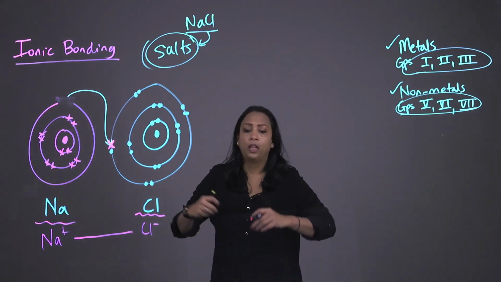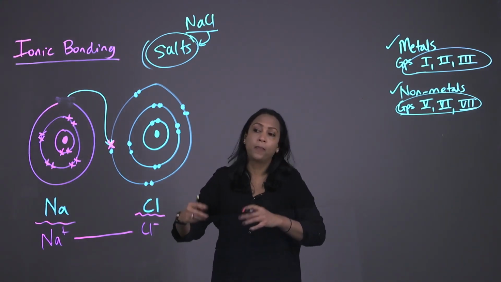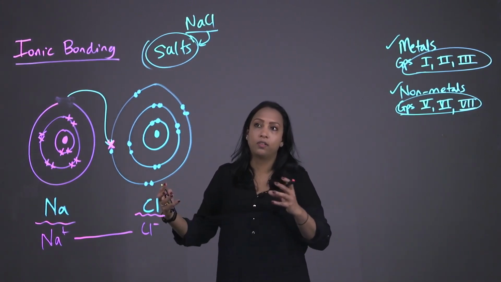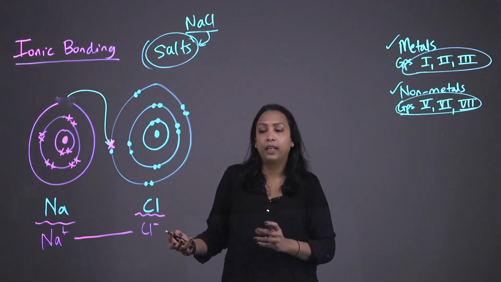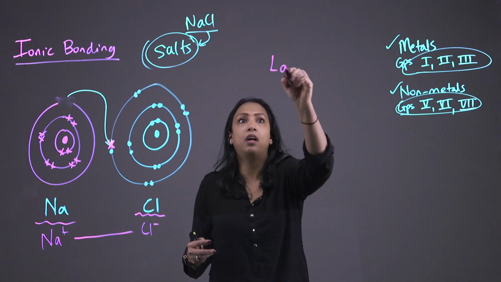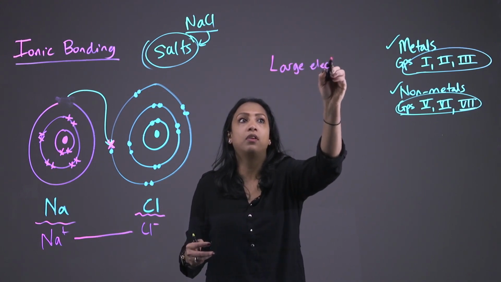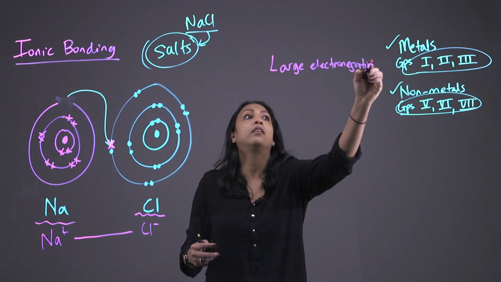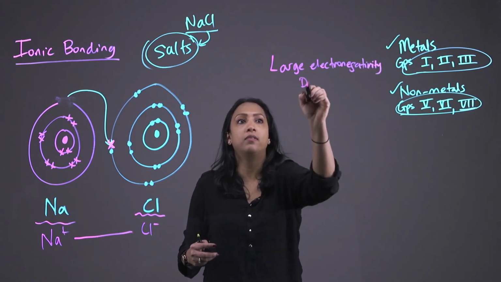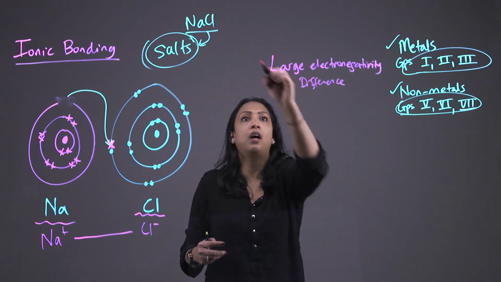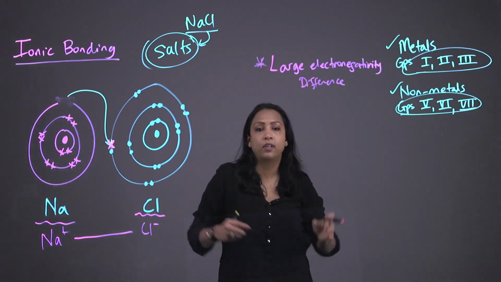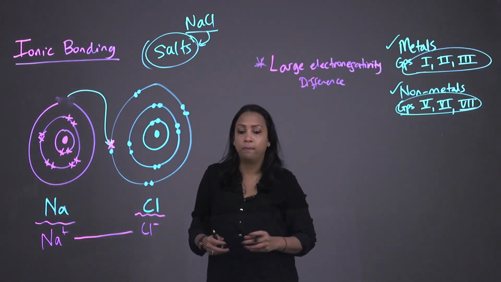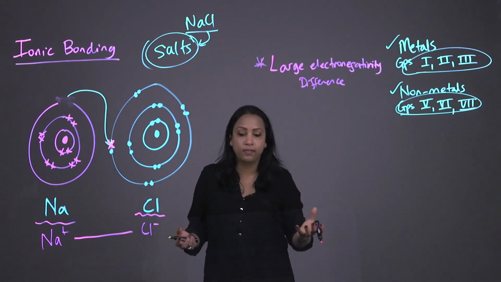Now, it is generally termed ionic bonding if there's a large electronegativity difference between the two species. So what is electronegativity?